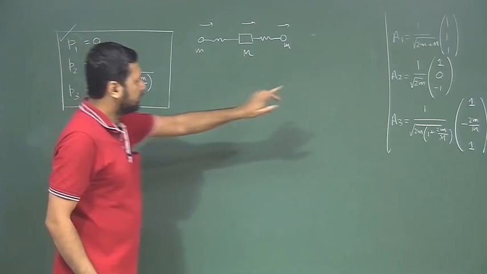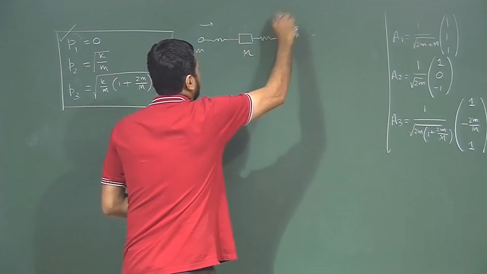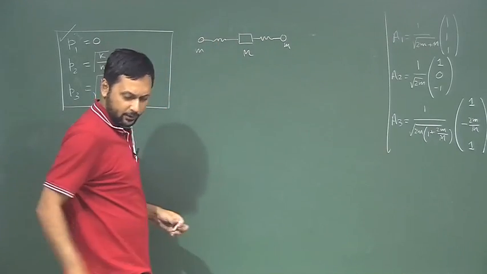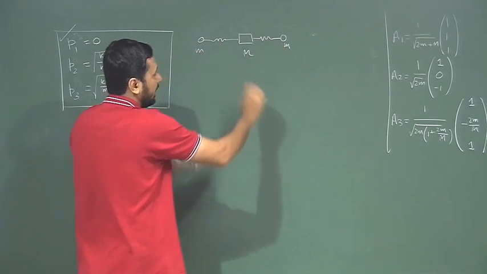For this one we have seen that 2 are moving in opposite direction and 1 is stationary. So, the central atom is stationary. Let us say this one is heavier and these 2 are lighter.